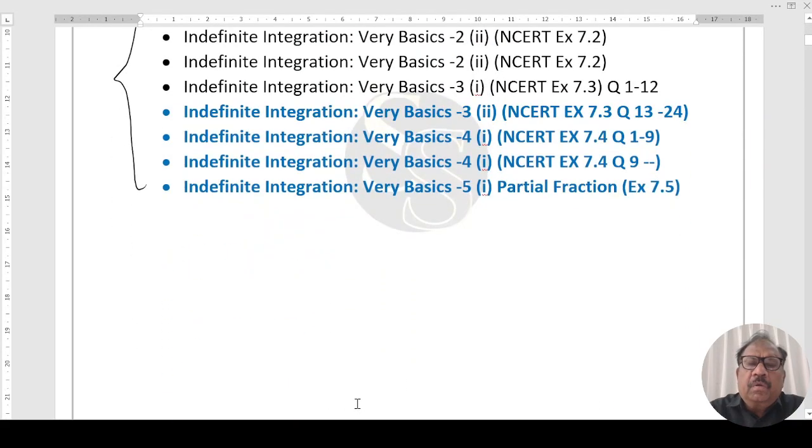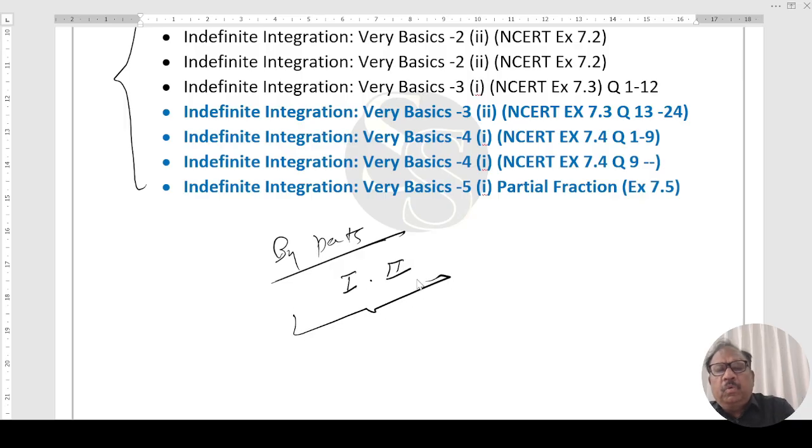In today's session, we are going to discuss integration by parts: what is the criteria for selection of the first function and second function. It is requested that you go through the complete session. Now, let's start with the question and concepts.